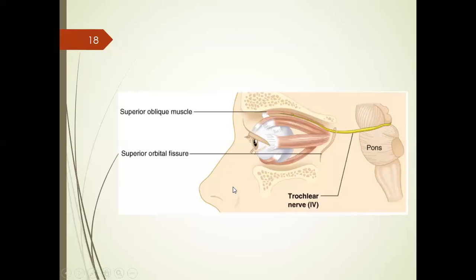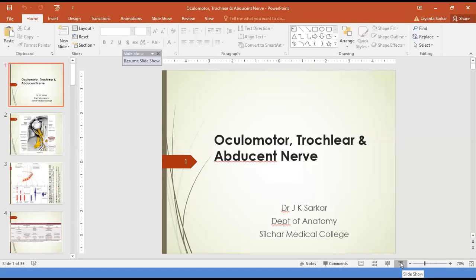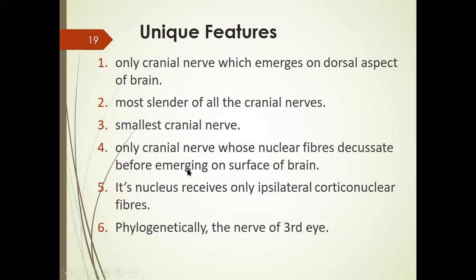It is the only cranial nerve whose nuclear fibers decussate or cross over before emerging on the surface of the brain. So there is decussation of the trochlear nerve in the superior medullary velum.